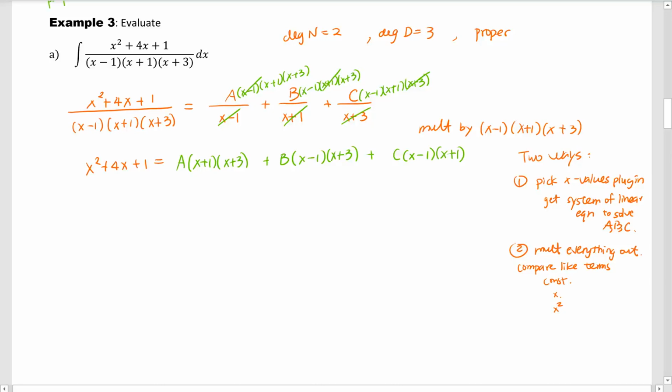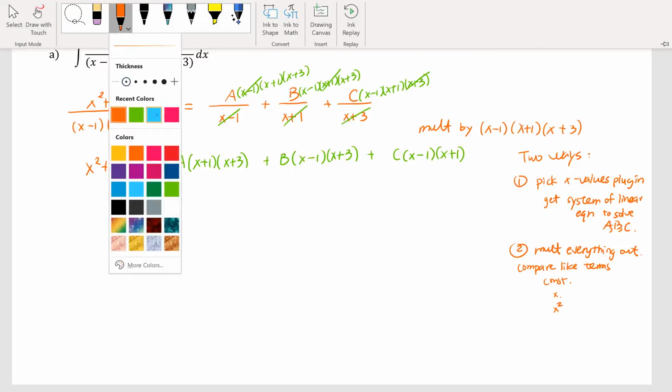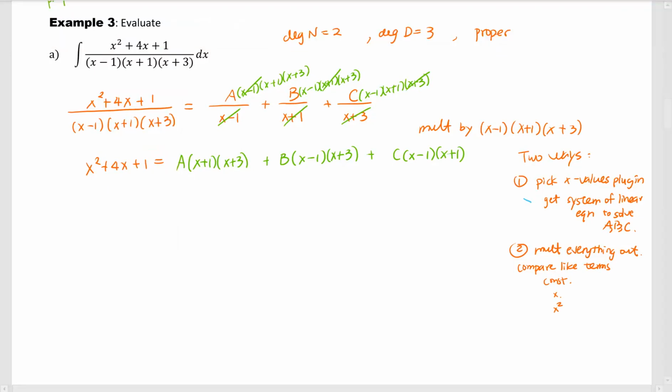Then you also get 3 equations to solve 3 unknowns. If a problem has a lot of linear factors, it's better to use the first way, to plug in some x values. This one is good when we have many linear factors.